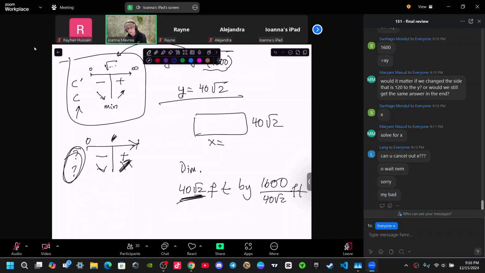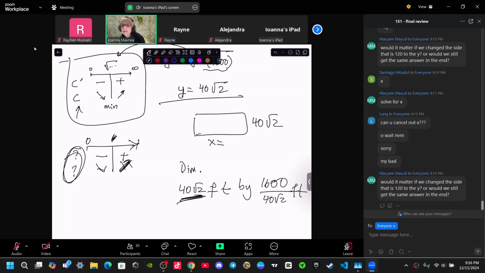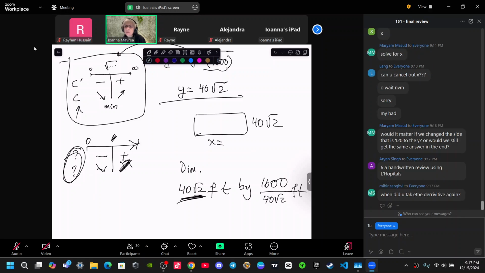Again, don't have to simplify this, but you do need to put the units next to it. You'll get the same answer regardless. Regardless of what's what, the dimensions are going to be identical, right?